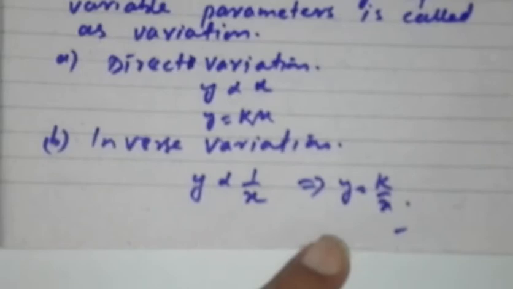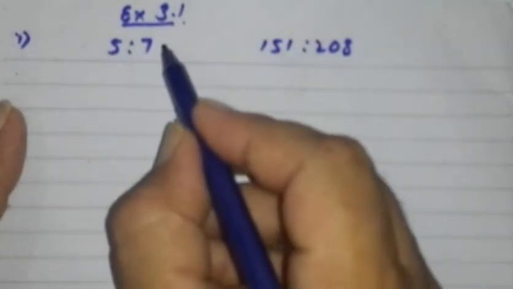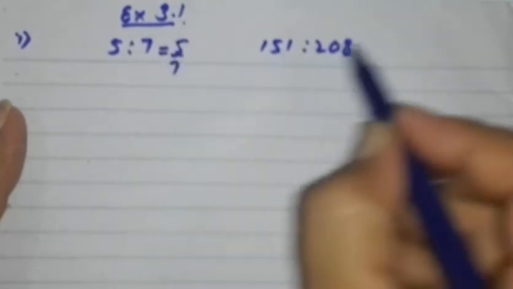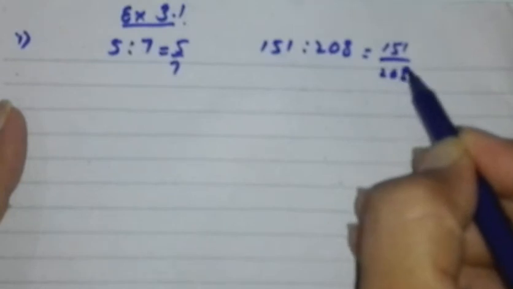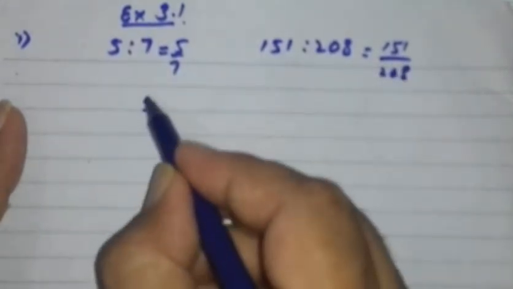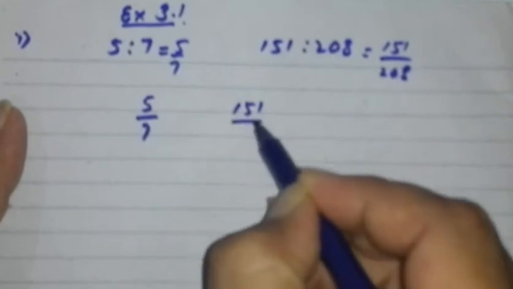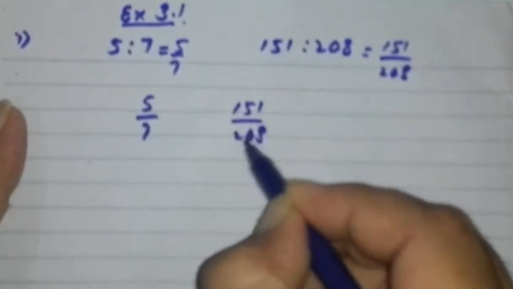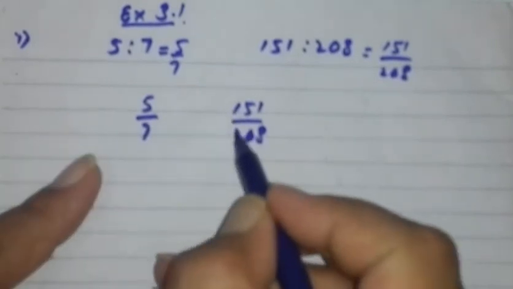Now come to the exercise. Exercise 3.1, question number 1. Which ratio is greater, 5:7 or 151:208? So 5:7 can be written as 5 over 7, and the other as 151 over 208. Now compare these two by finding the cross products.